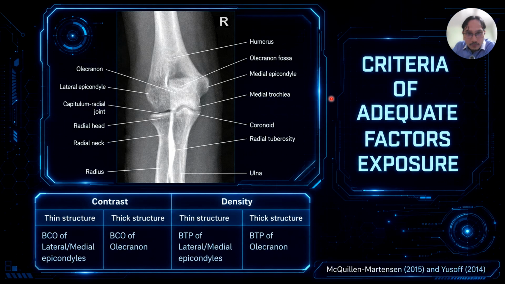For AP elbow, the thin structures are bony cortical outline of lateral and medial epicondyles. Thick structure is bony cortical outline of olecranon.